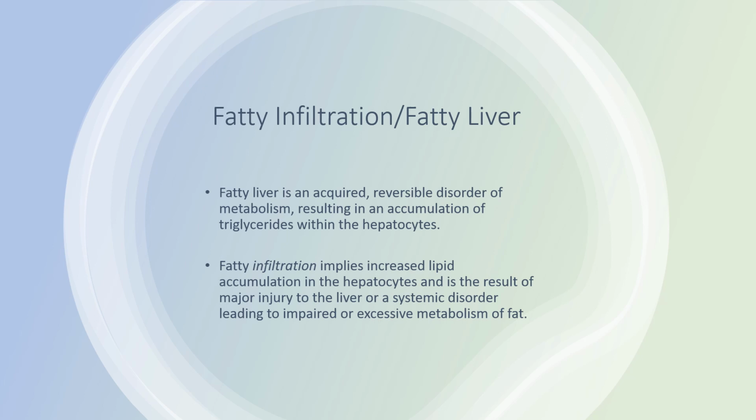So fatty liver, this is an acquired disease. It is reversible. It's a disorder of metabolism, and it results in accumulation of triglycerides within the hepatocytes. So fatty infiltration implies that there's an increased lipid accumulation in the hepatocytes, and it's the result of major injury to the liver, or it can be a systemic disorder that leads to impaired or excessive metabolism of fat.